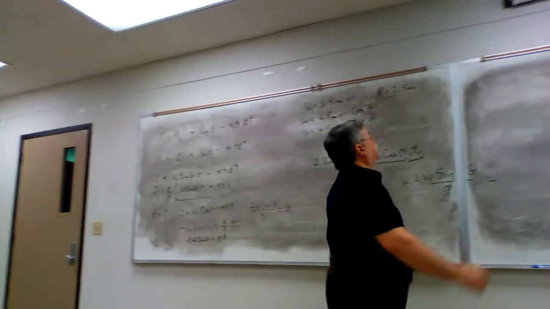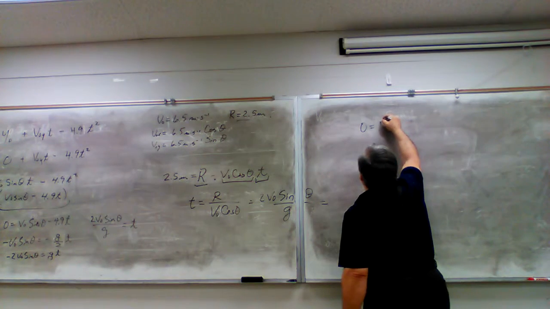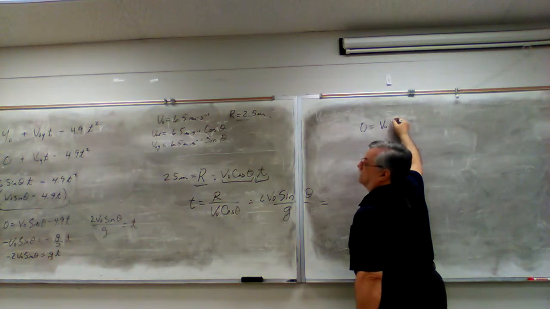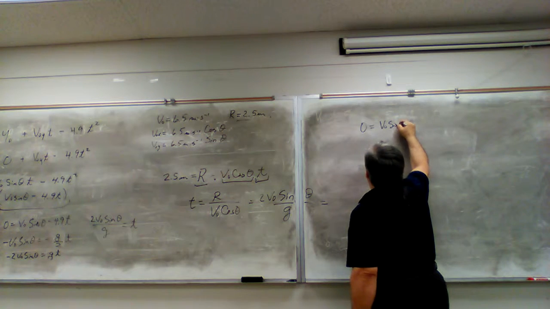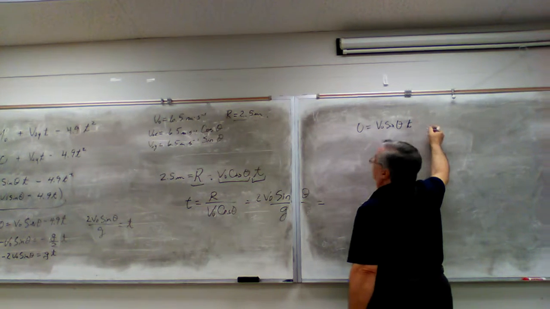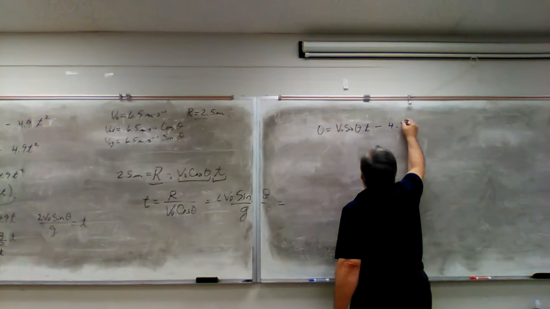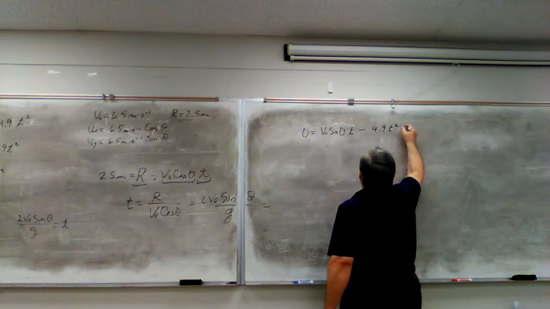What do we have? We have 0 equals v sub naught sine theta t minus 4.9 t squared.